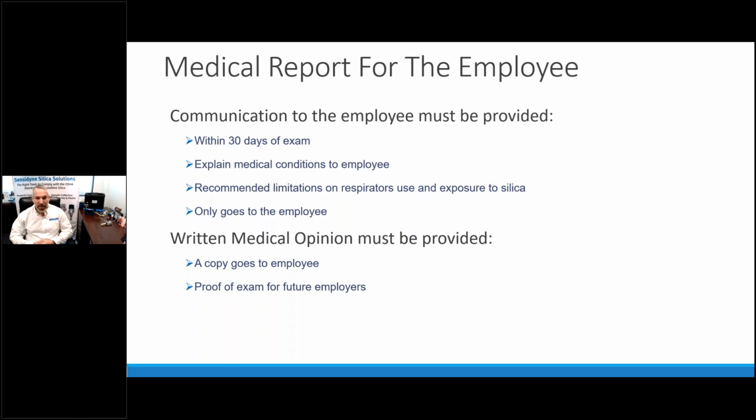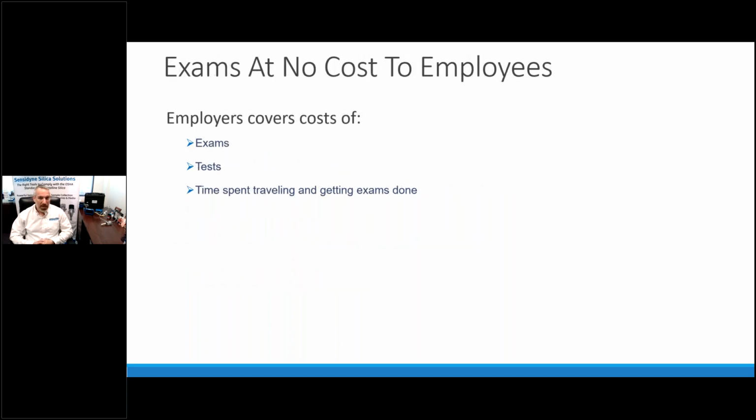The written medical opinion must be provided. A copy of that opinion goes to the employee, and proof of the exam for future employers must also be made available. Here in the US, as well as many places around the world, employers must cover costs of the exam, the tests, as well as the time spent traveling and getting the exams.